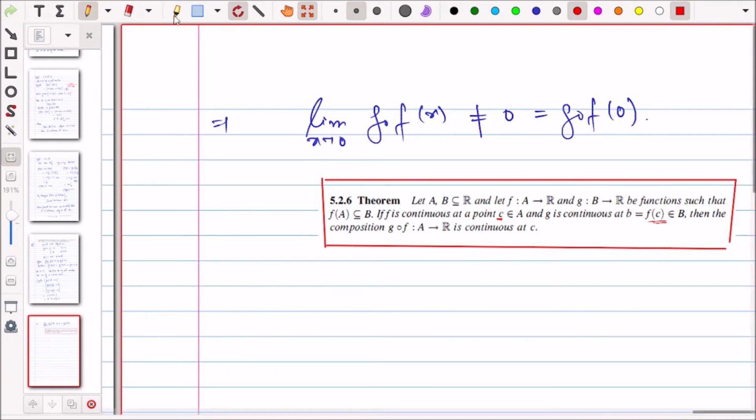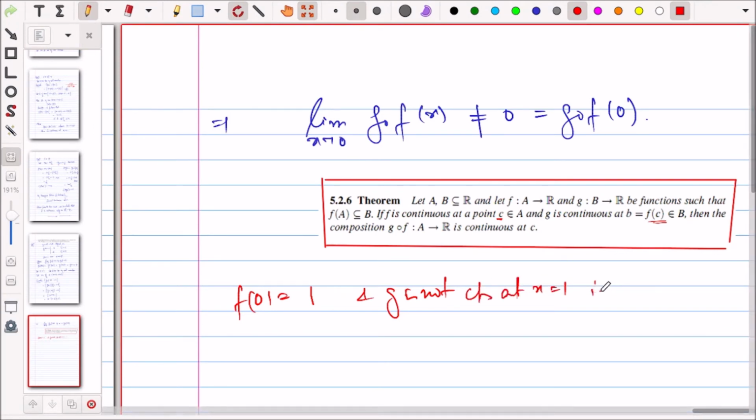Because f of 0 is equal to 1 and g is not continuous at x equal to 1, that is at f of 0, this example is not contradicting this theorem. g is continuous at 0, but when we talk about composition, we talk about the continuity of f at c and g at f(c).